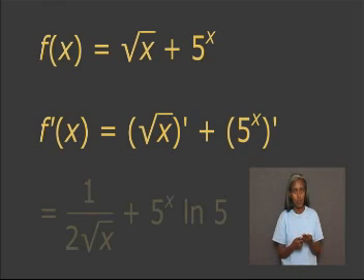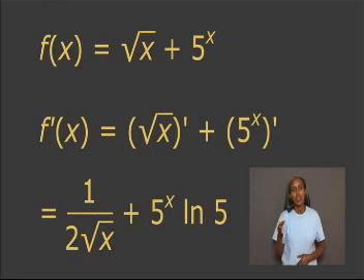Therefore, f'(x) equals 1 over 2 the square root of x plus 5 to the power of x times ln 5.